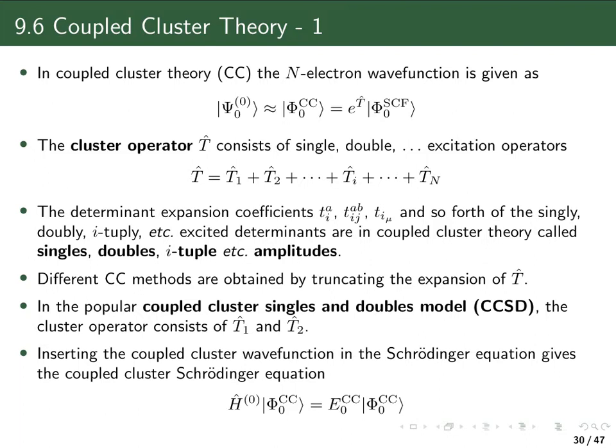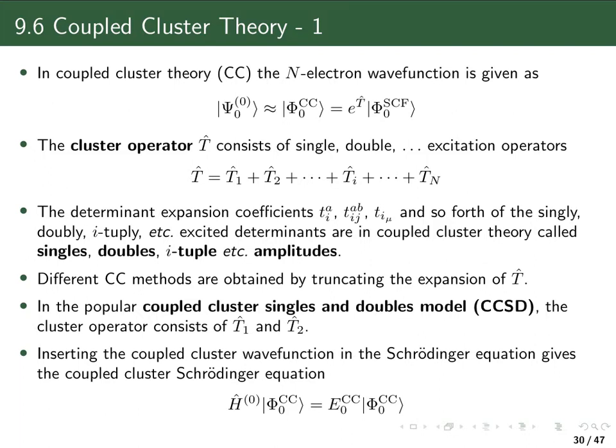If we look at this, we project on the left here against the Hartree-Fock determinant, which then gives this transition expectation value of the Hamiltonian, and on the right-hand side, because the energy is a constant, we get an overlap between the Hartree-Fock and the coupled cluster wave function.